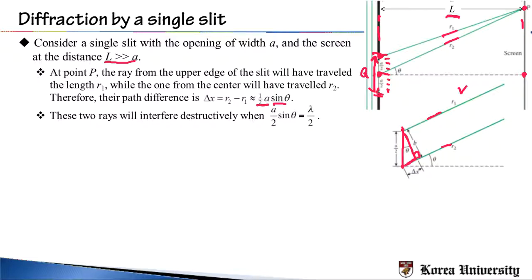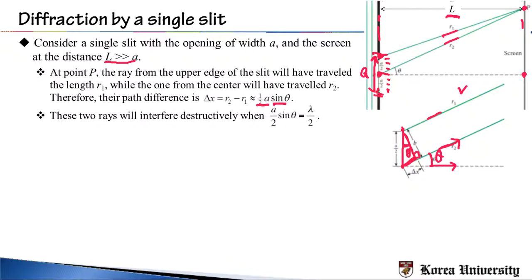And what is theta? Theta is the angle between the direction going into the central part and the direction of one of the paths. Okay, so this was theta. But by using simple geometry, you can easily figure out this angle is also theta, right? So therefore this delta x will be half of a multiplied by sine theta.